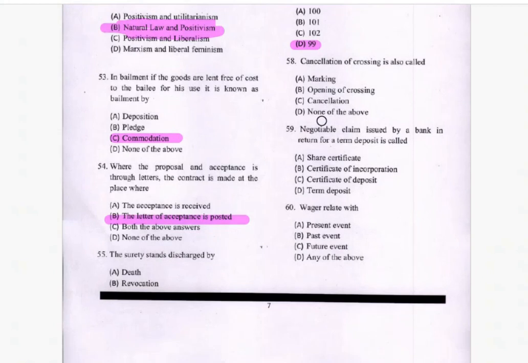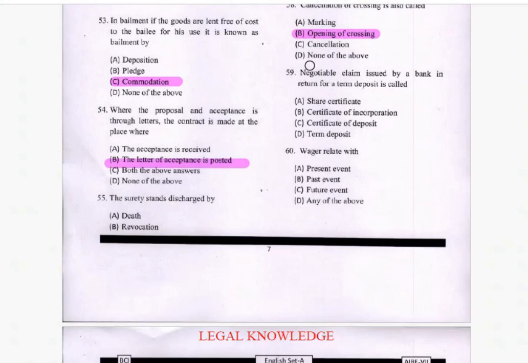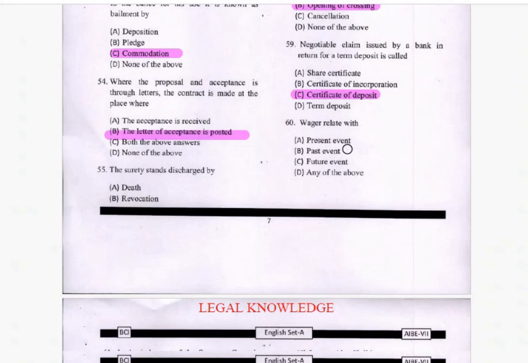Cancellation of crossing is called opening of crossing. Negotiable claim issued by a bank in return for a term deposit is called certificate of deposit.